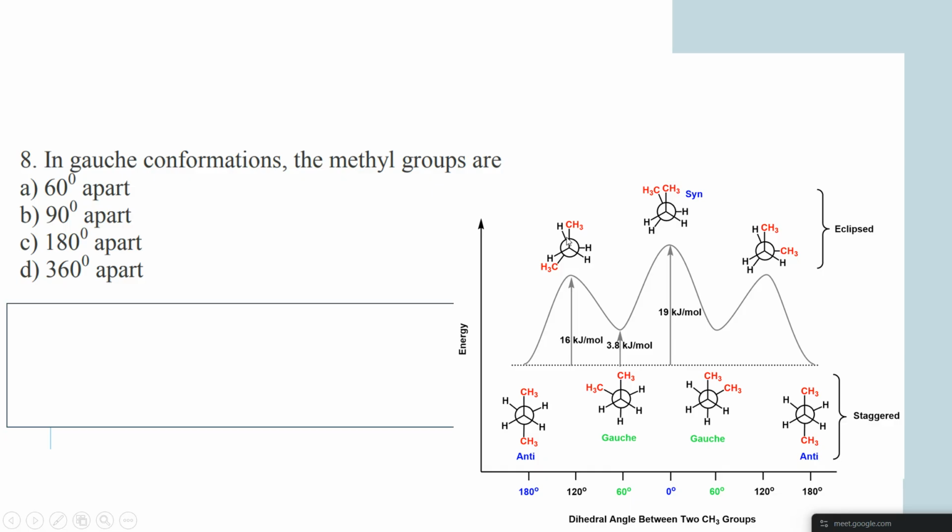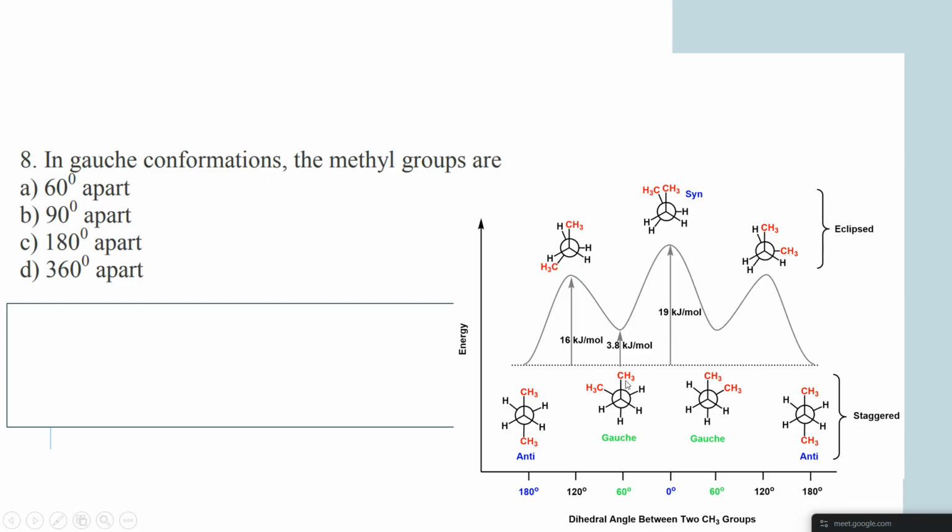If there is no mention of specifically what type of gauche conformation we are talking about, you have to always consider the stable gauche conformation, where the methyl groups will be far apart.